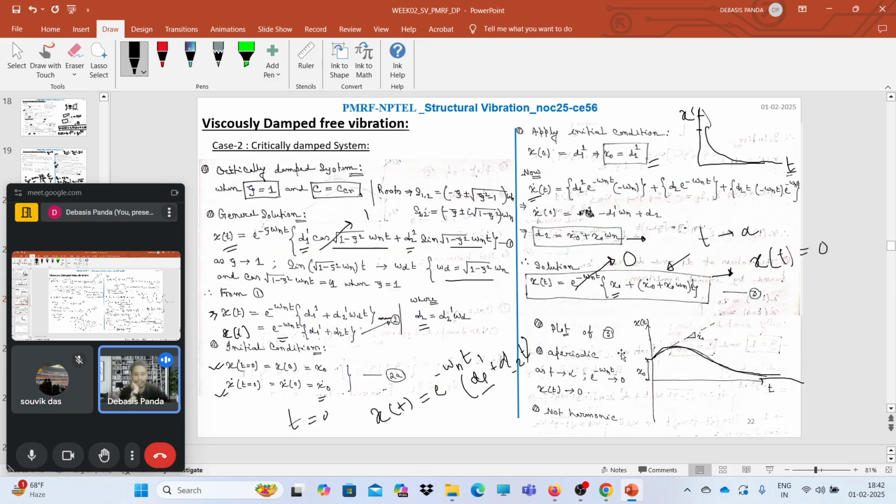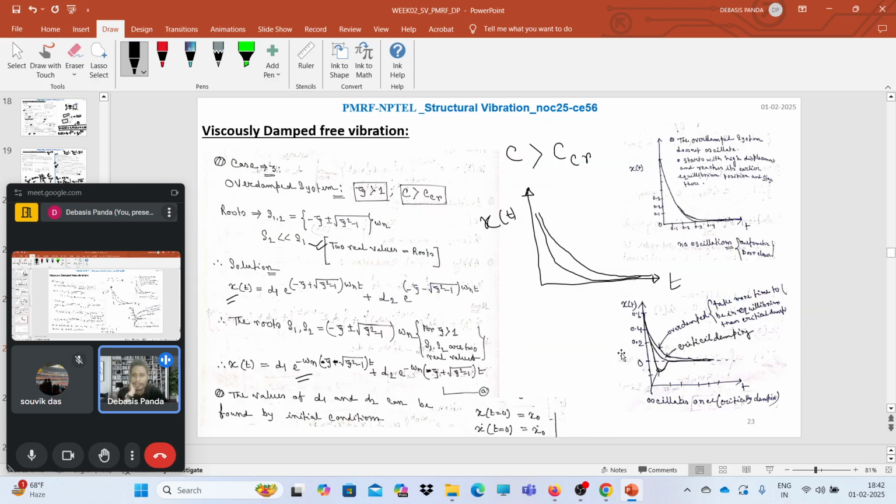Then we have seen for the critically damped case, it's an aperiodic type of system or motion. The motion will not cross the zero, or it will not vibrate. And the overdamped system is also an aperiodic system. The harmonic motion will not occur. But the overdamped system takes more time to reach the equilibrium position than the underdamped system.